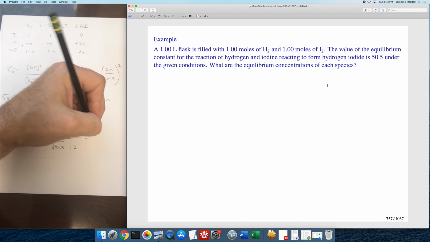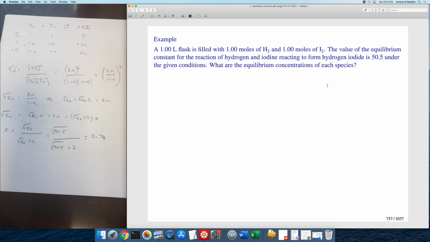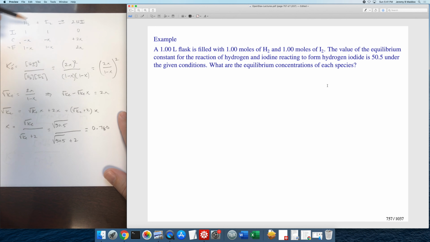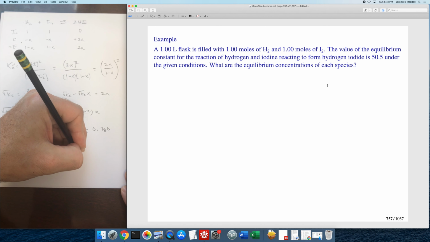If I've done everything correctly, I get a value of x equal to 0.78. Okay, so there's the value of the extent of reaction. Now, to get the equilibrium concentrations, we plug the value of x in. So the concentration of the hydrogen will equal the concentration of the iodine. It'll be equal to 1 minus 0.78, 0.22, that'll be moles per liter.